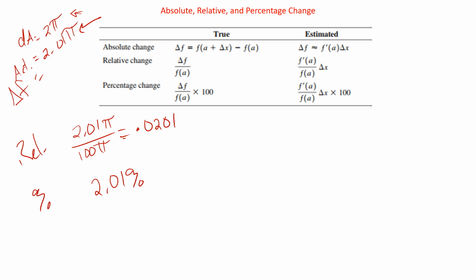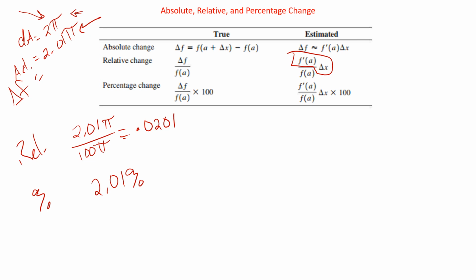The estimated change, we have the derivative divided by f of a times the delta x. Remember, the derivative times the delta x is what we had here. That's the derivative times the delta x, and then divide by that original thing.